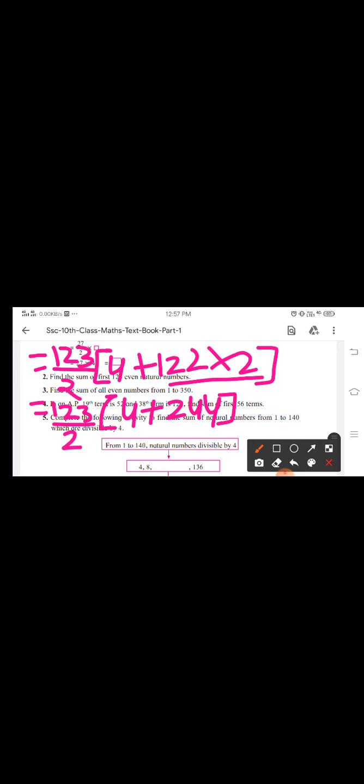And then just add this on, and you will get 248, and then just divide by 2. 2 ones are 2, 2 twos are 4, so how much are you getting? 124. So at the end you have 123 into 124, just multiply.